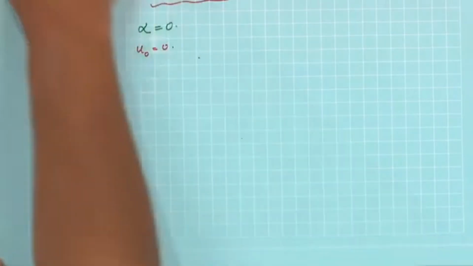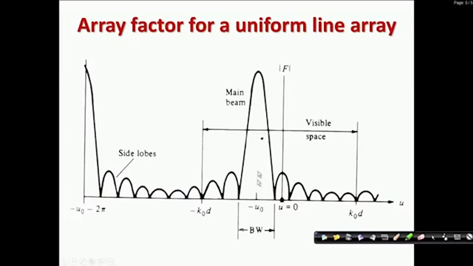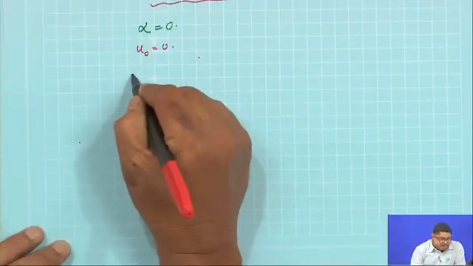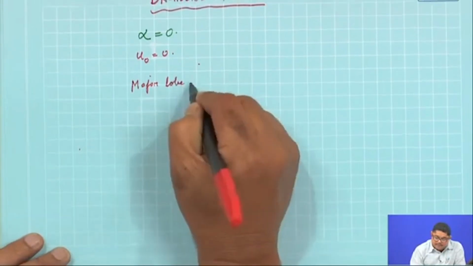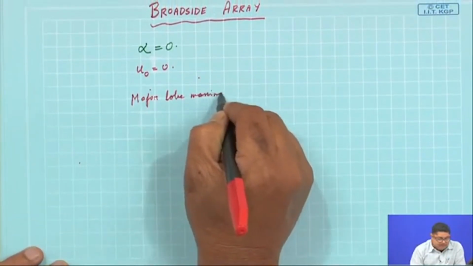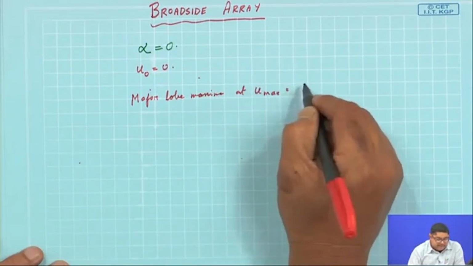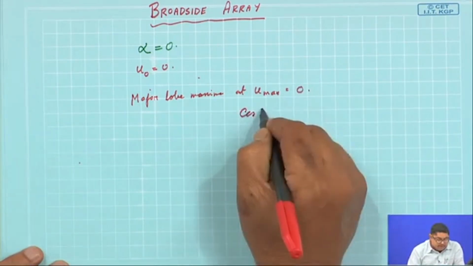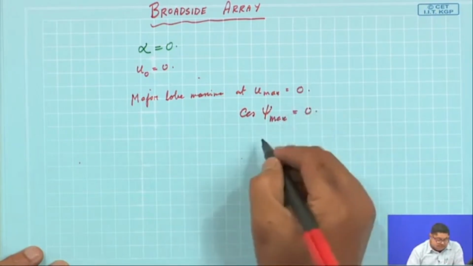So, if we look at the diagram, the moment u0 becomes 0, the major lobe comes here. So, the major lobe maxima at u max is 0. So, cos psi max is 0.